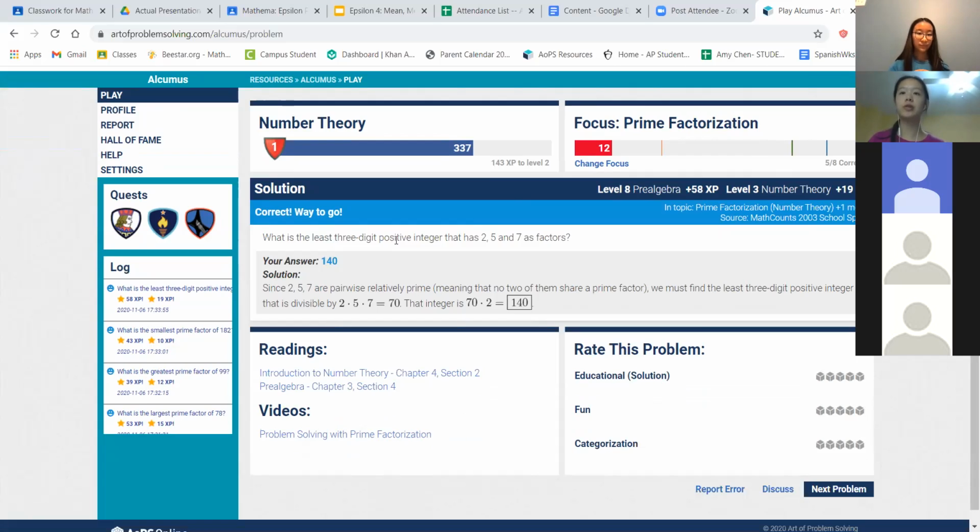So although the least positive integer would be just 2 times 5 times 7, it's asking for a 3-digit integer. The number must have 2, 5, and 7 as factors. So first we do 2 times 5 times 7, and we get 70. But that's not a 3-digit integer. So in order to get it to a 3-digit integer, we multiply it by the smallest possible prime factor, which in this case would be 2. So 70 times 2 is 140.